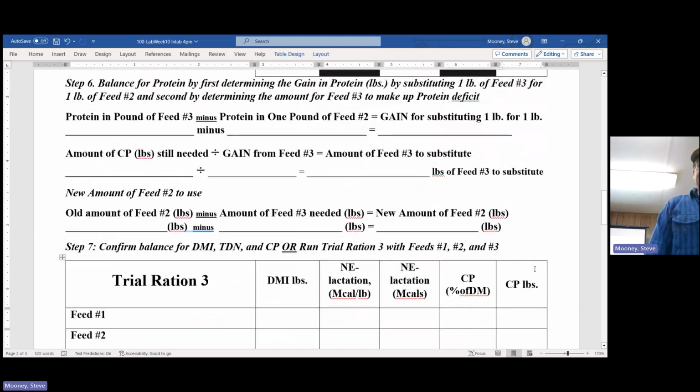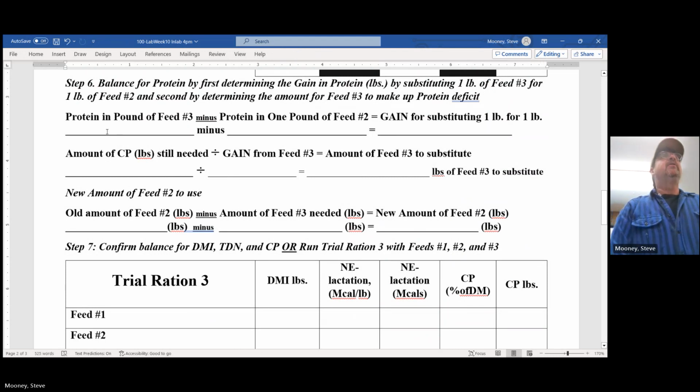So how many pounds of protein are in 1 pound of feed 3? Everybody remember how to do that? How do we figure that out? Good, you pull it from step 2 if you're quick with numbers.